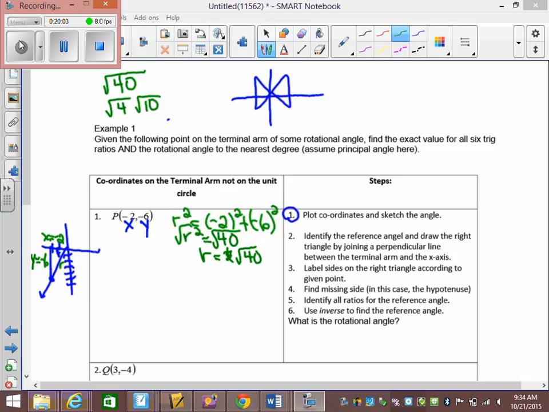Root 4 times root 10 is root 40, correct? Why would I break it down into that? Because root 4 is a perfect square, and root 4 is 2. So instead of writing root 40, which is correct but won't be there, I'm going to write 2 root 10. So my radius is 2 root 10. So I can go back here and I can say r equals 2 root 10.